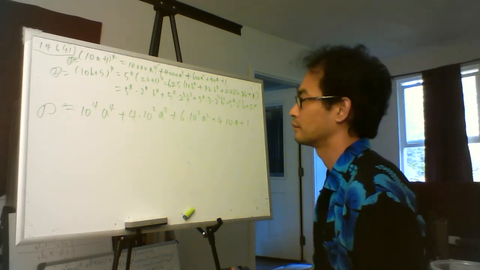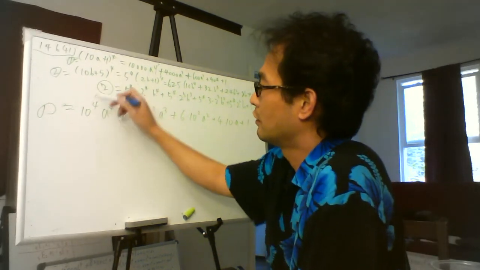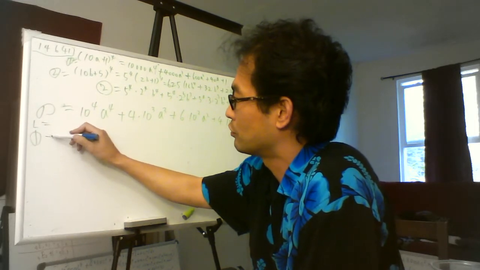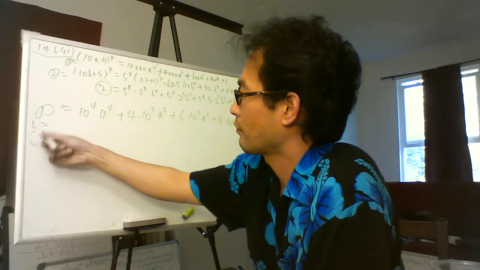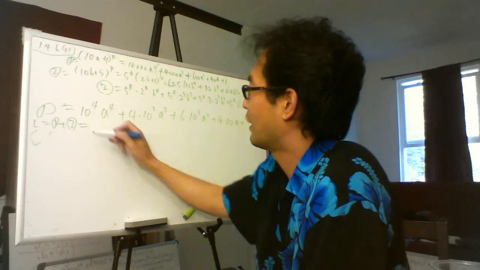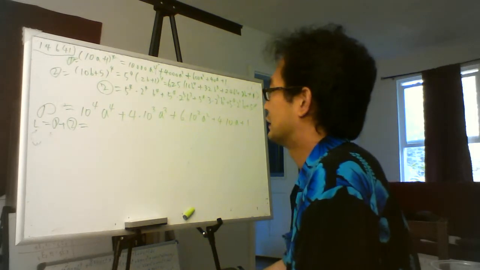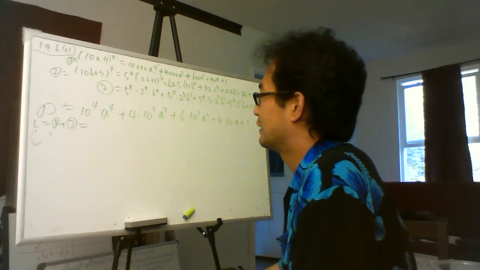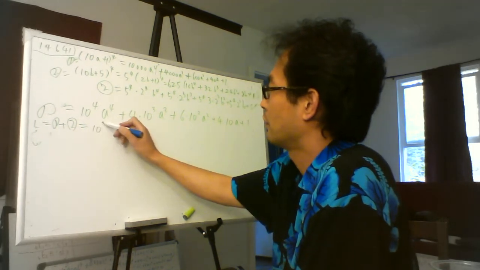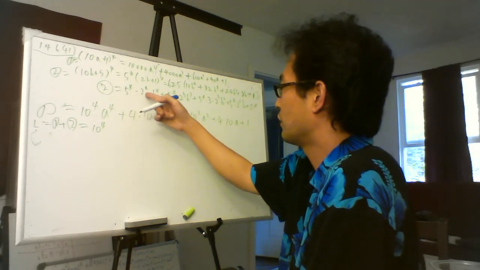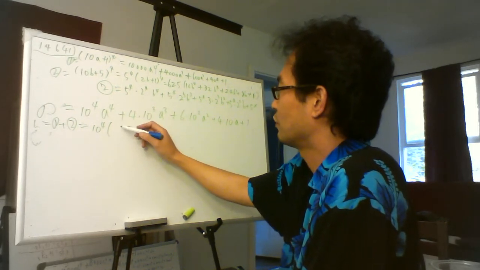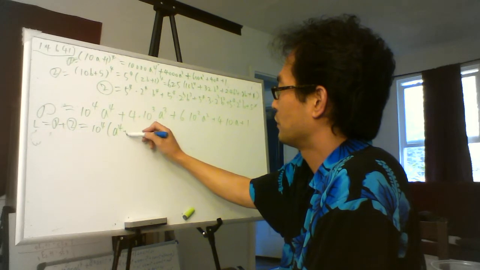So this guy is number 2, right? So the left hand side is number 1 plus number 2. We have to factor it out correctly. So 10 to the fourth, which is 5 to the fourth times 2 to the fourth. Adding this together, that's a to the fourth plus b to the fourth.